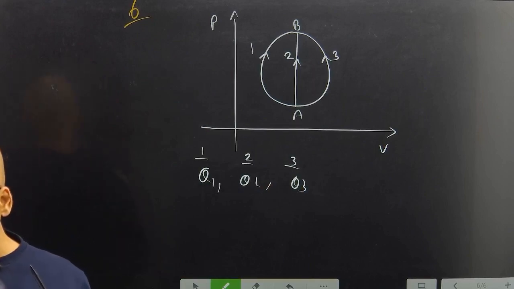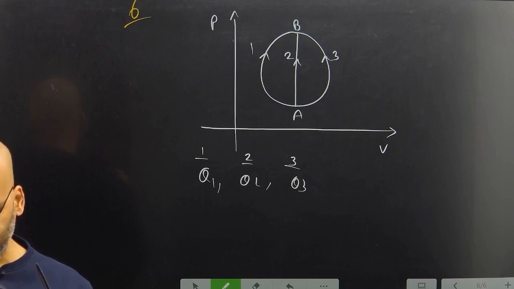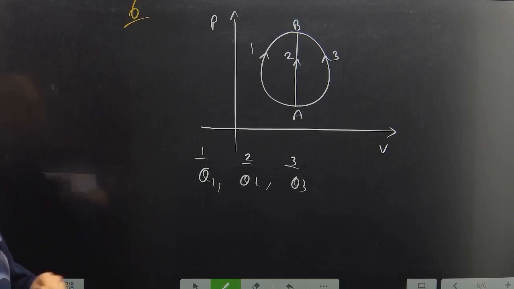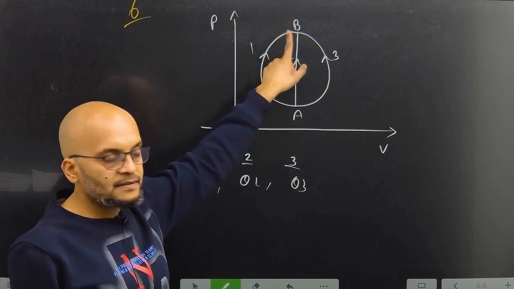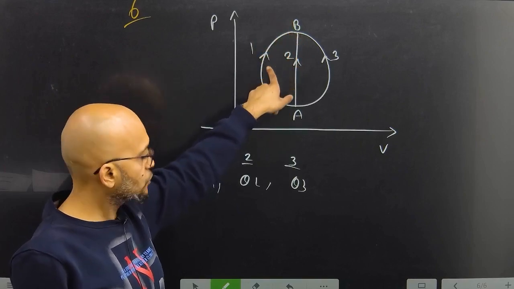Then they are asking you, now pay attention guys, closed system, and they are asking the relation. See, for A to B, the process is clockwise, so here it is positive.